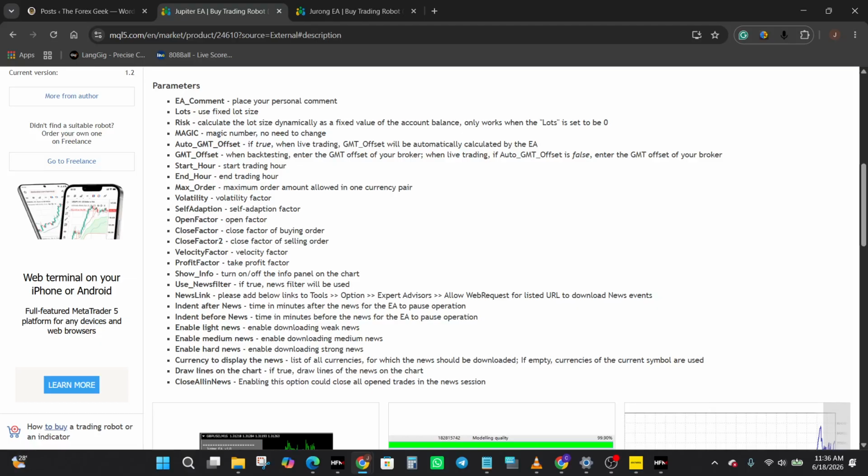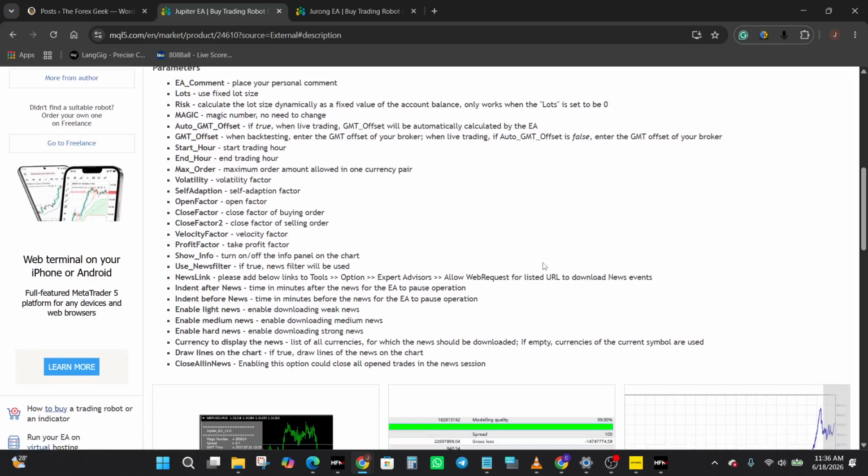One feature that stands out is the integrated news filter. The EA can pause trading around scheduled news events, filter news by impact level, display events on the chart, and even close open positions during news periods if the user chooses to enable that functionality. Now, let us move over to the historical backtest results.